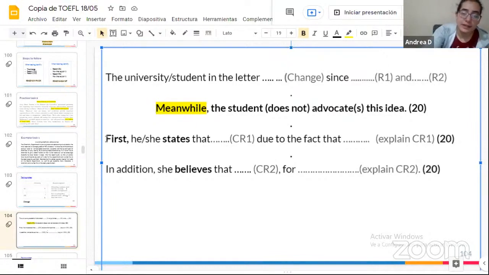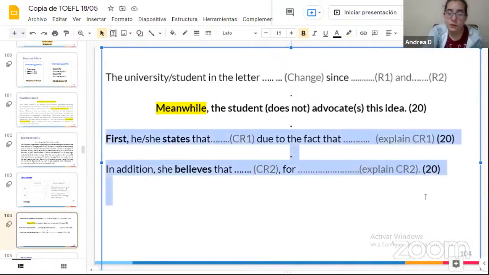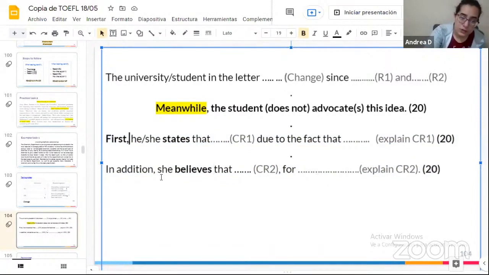You add a transition, and then you start with your body. So this is the most important part. Make sure that you use transitions to provide the arguments. So first, he states that they don't need a relaxed atmosphere due to the fact that they are focused on their exams, they're completing assignments in that time.